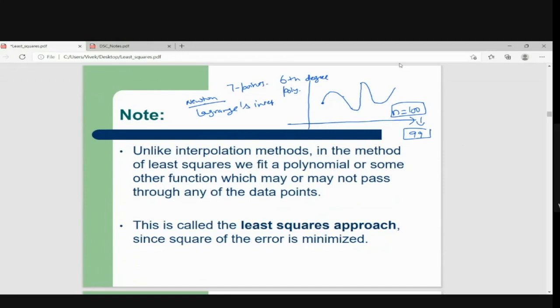So to get rid of these things, a method came. We use the concept of splines just to get rid of this high degree polynomial. The other method was the least square method. Least square is the best fit in the sense that it minimizes the error. So this is called the least square approach since the square of the error is minimized.